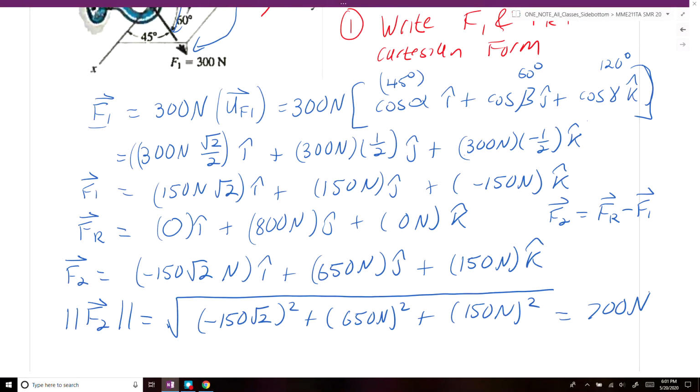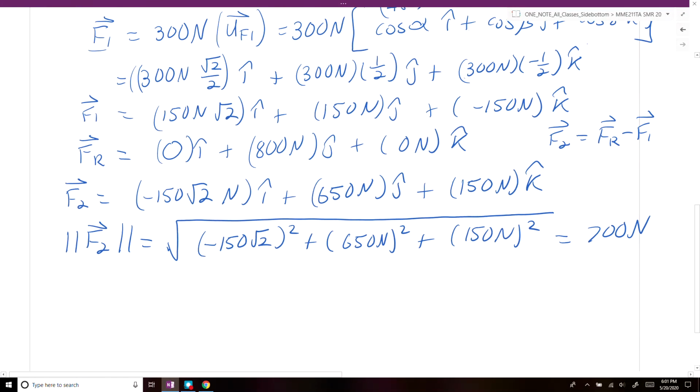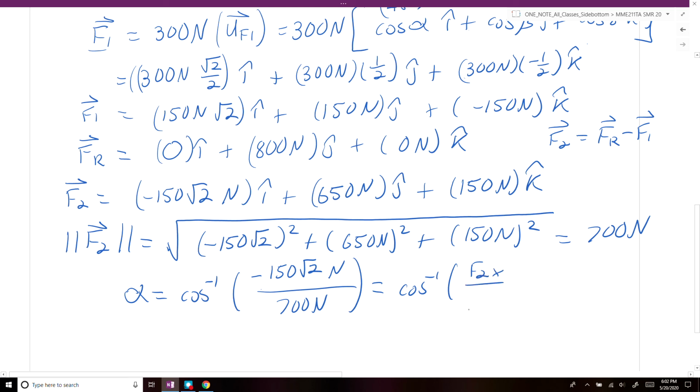And we can find alpha, beta, and gamma using our coordinate direction angles. Alpha is equal to the inverse cosine of the x component of force 2 divided by the overall magnitude: minus 150 radical 2 newtons divided by 700 newtons. That's equal to 108 degrees.